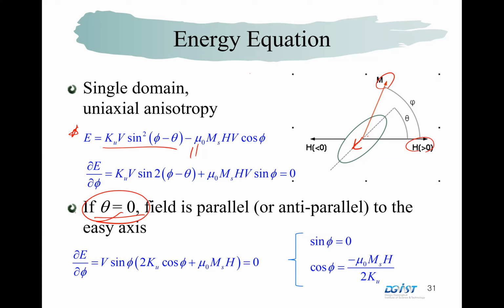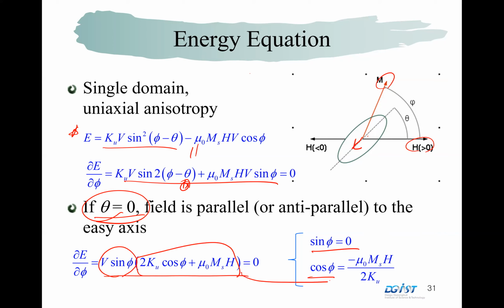Okay, so let's focus on the theta equals 0 case. If you set theta as 0, this equation gets much simpler. So we have this simple form. Okay, so we have two solutions. One is sine phi is 0, and the other one is cosine phi equals this value.